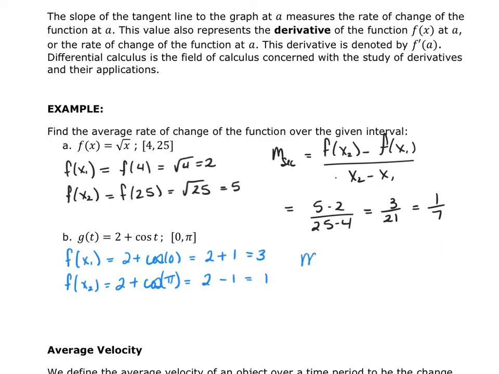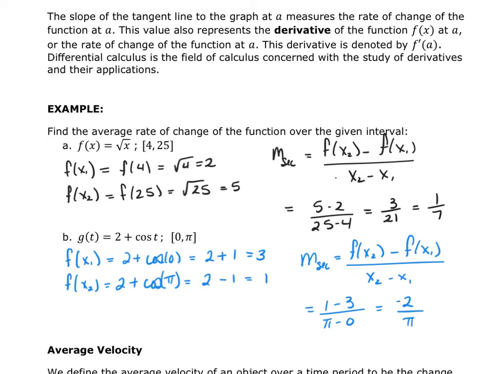So the slope of the secant, which is the average rate of change, is f of x sub 2 minus f of x sub 1 over x sub 2 minus x sub 1, which is equal to 1 minus 3 over pi minus 0. So we get negative 2 over pi.